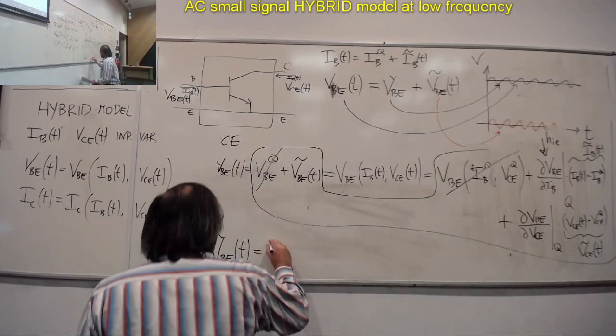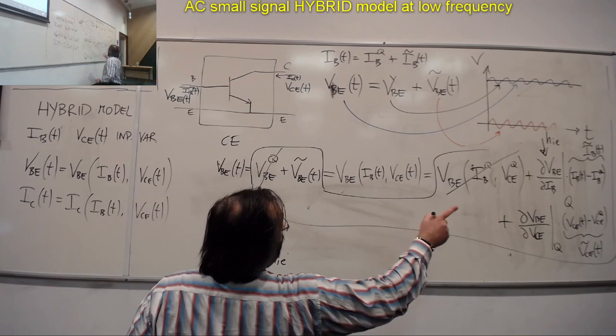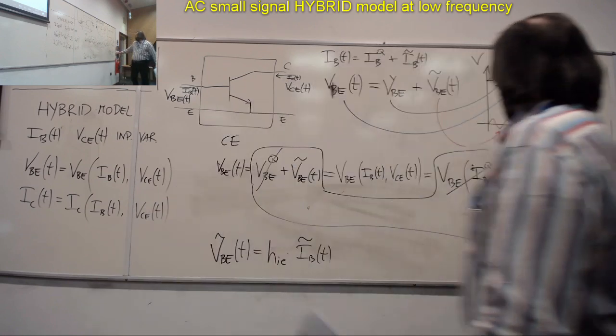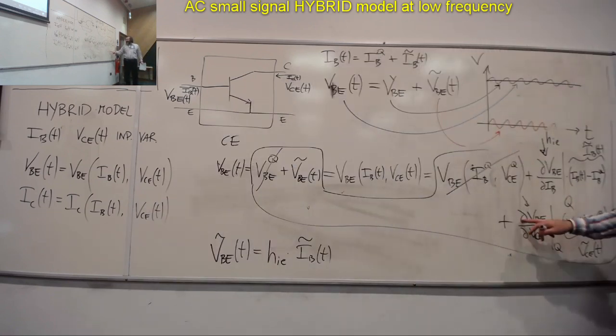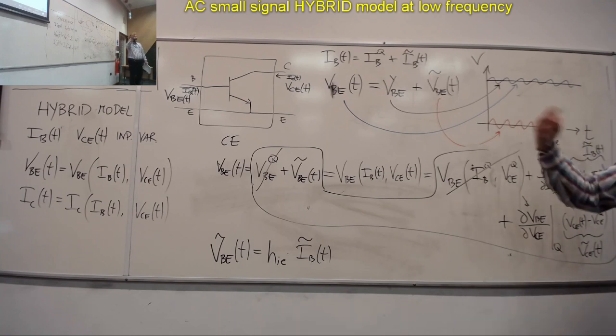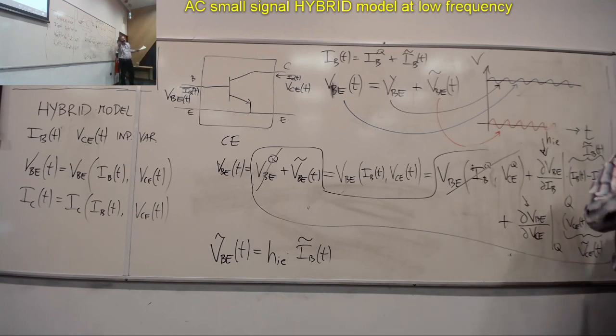So, HIE times IB tilde. And then we have another term, this one here: the derivative of VB over VCE. These are the two voltages, one in the input, one in the output. So this is the derivative of their ratio. Generally, when you see voltage divided by voltage, you immediately think of a voltage gain.